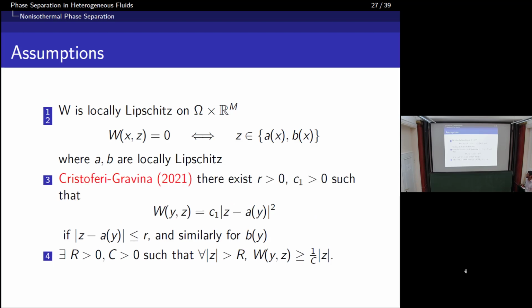The way our result really is different from Cristofori-Gravina is that they assumed you have exactly quadratic near the wells. So you have two quadratic functions.